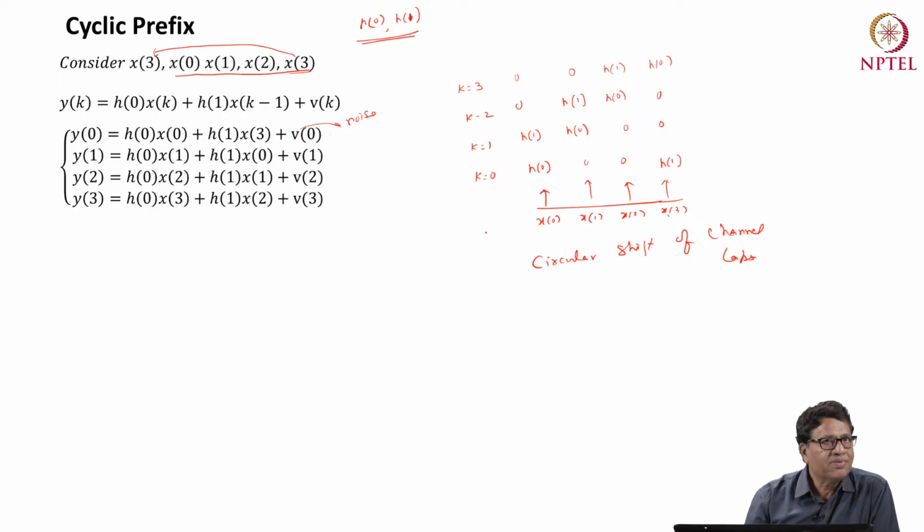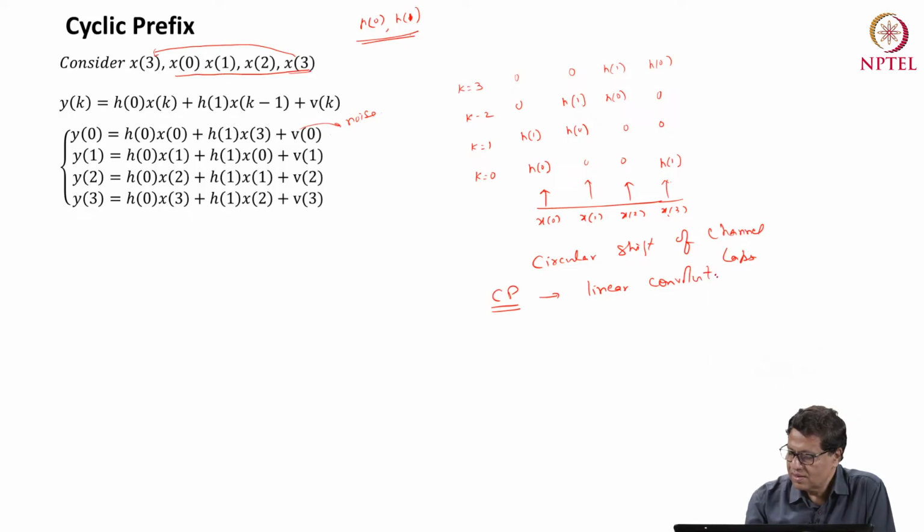So the effect of the cyclic prefix is to convert this into a circular convolution. Earlier it was a linear convolution. So CP, the cyclic prefix, has converted linear convolution into circular convolution.